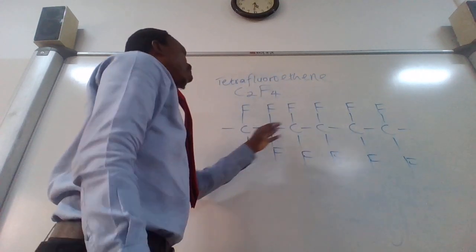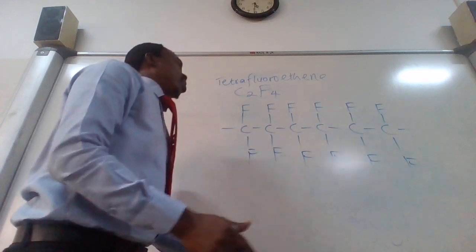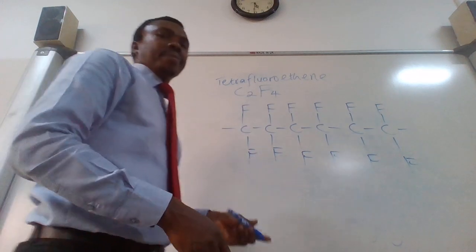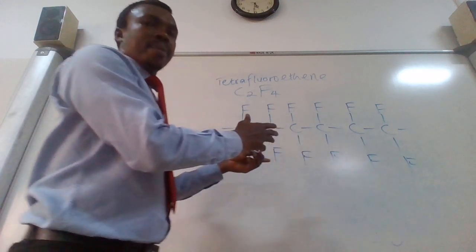So this is 1, 2, 3. So this is 3 repeat units of polytetrafluoroethene.